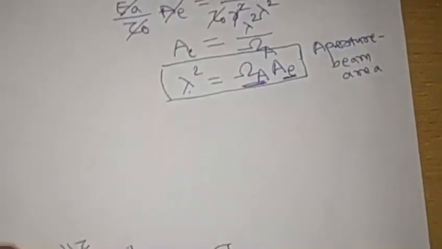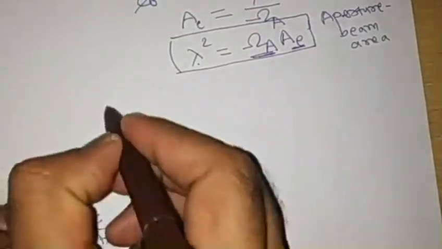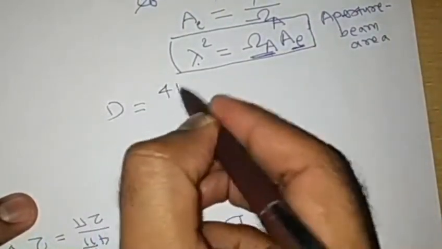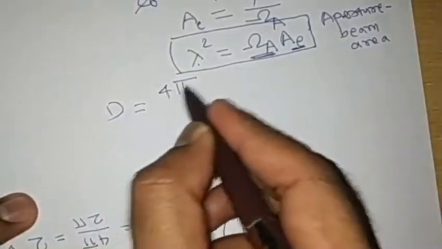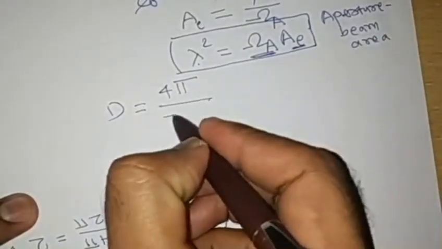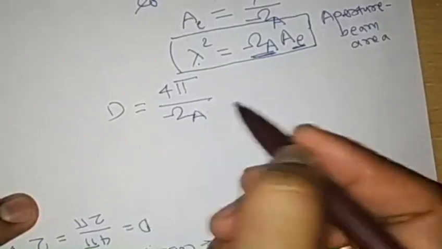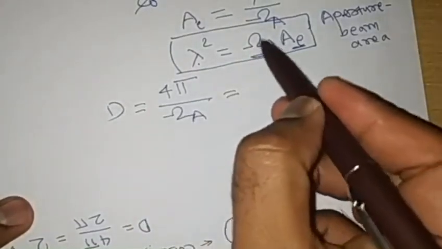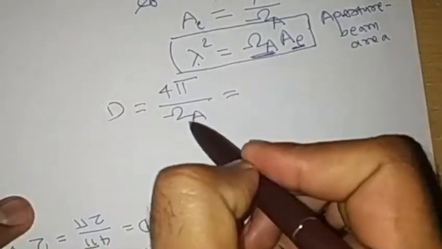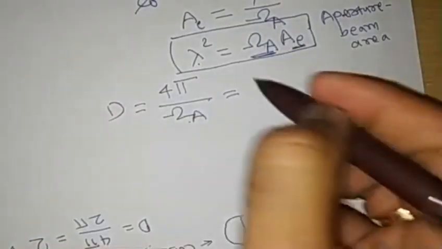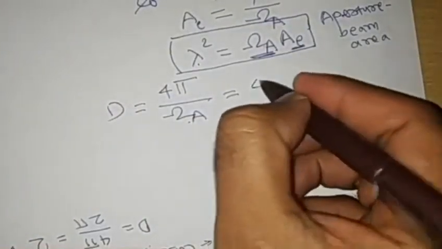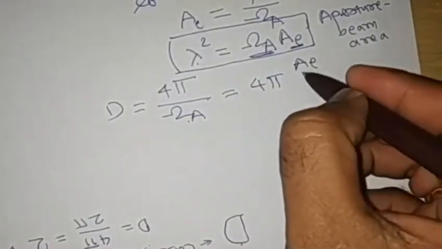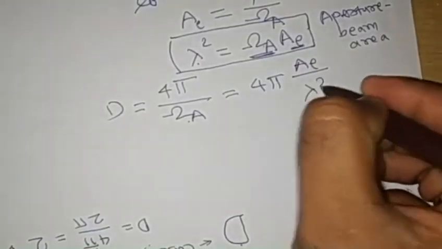Now we know the definition of directivity from previous lecture, as it is ratio of two beam areas subtended by sphere divided by omega A, beam area subtended by practical antenna. If we do substitution of omega A from this equation here, we get directivity as 4 pi AE divided by lambda square.